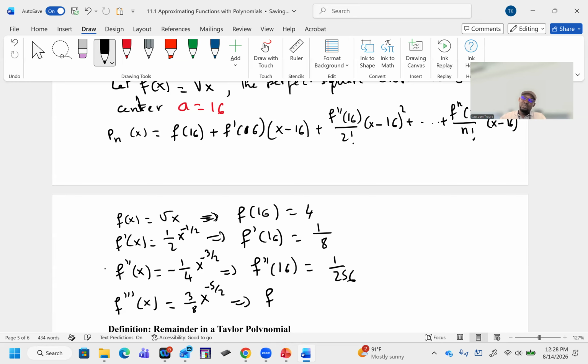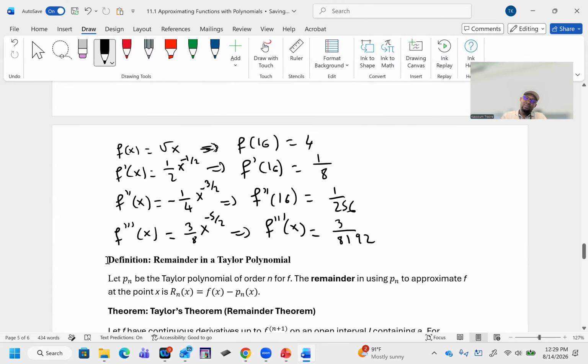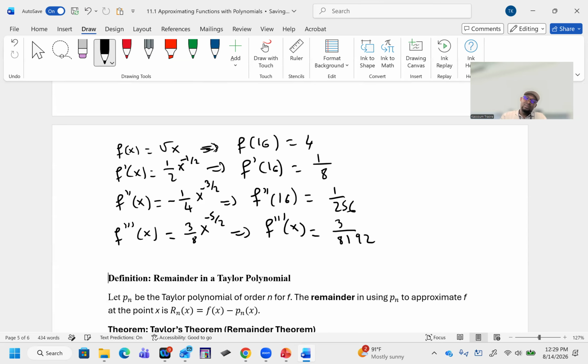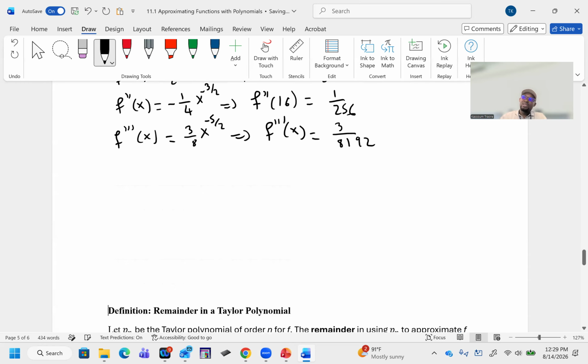So which means the third derivative at 16 will be 3 divided by 8192. Okay?